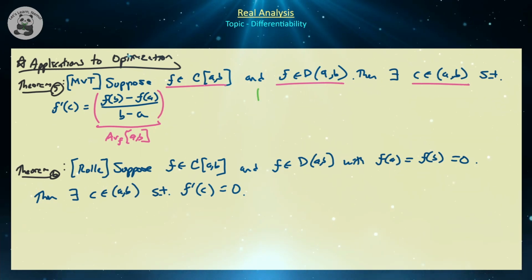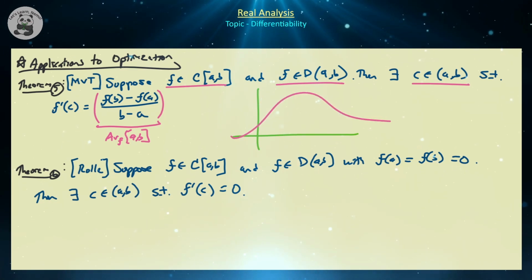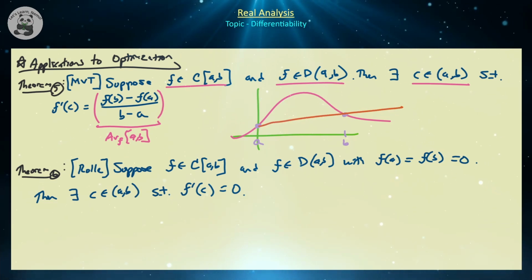Let's draw a little picture to sort of illustrate this very important idea, and this is very important for approximations. So let's assume that this point right here is A, and let's assume that this point right here is B. So if we connect these points with a line, then that line is going to have a slope, which some people refer to as the average rate of change of that function on that interval a, b.